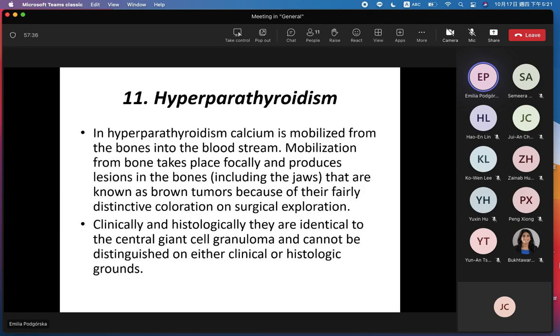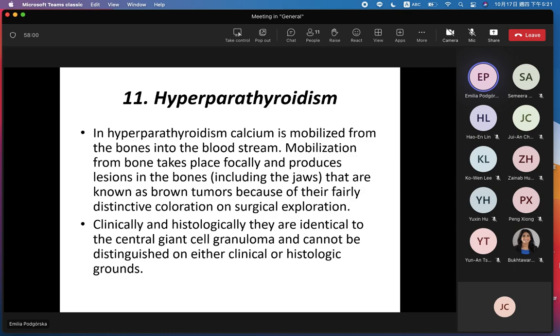Hyperparathyroidism. In hyperparathyroidism, calcium is mobilized from the bones into the bloodstream, propagation.